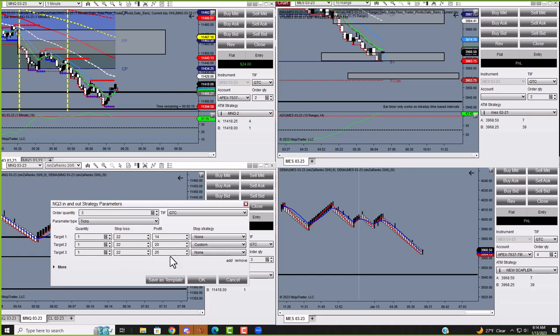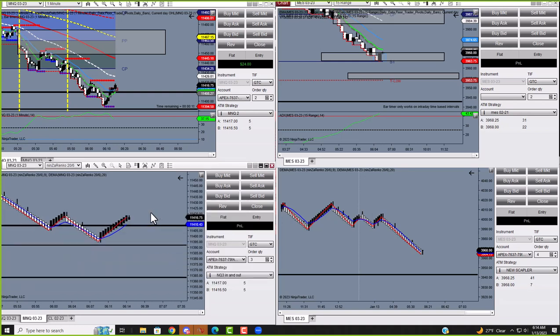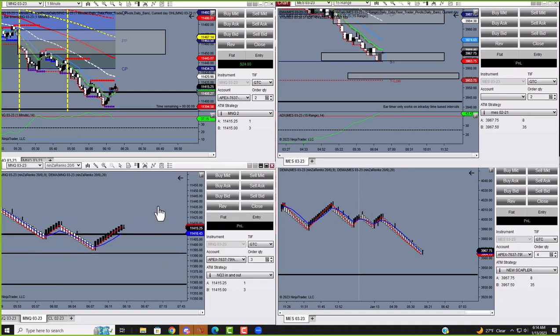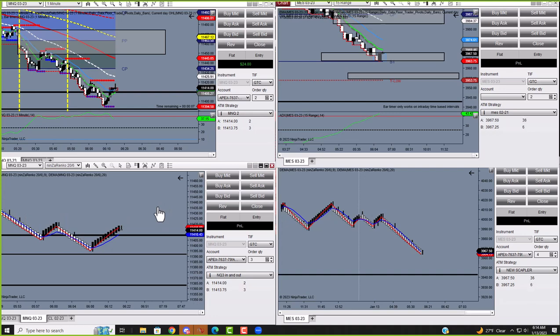It's a custom strategy, 14 stop plus 2. 14 plus 2 on the second target. So that's going to take your stop up plus 2 ticks, breakeven plus 2 ticks. No, it's going to lock in 14 on number 2. Okay.